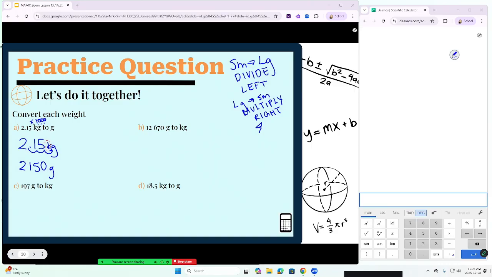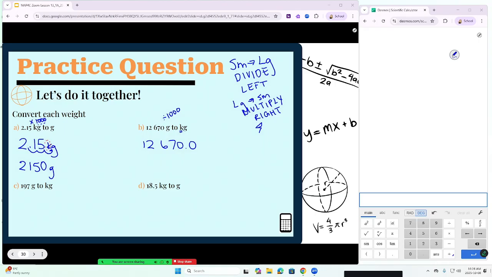Now we are going from a small unit to a larger unit. When we go from small to large, we want to divide, and we have kilo again, which we know is 1,000. So we're going to divide by 1,000. When we divide, we're moving our decimal place to the left. So 12,670 is like 12,670 decimal 0.